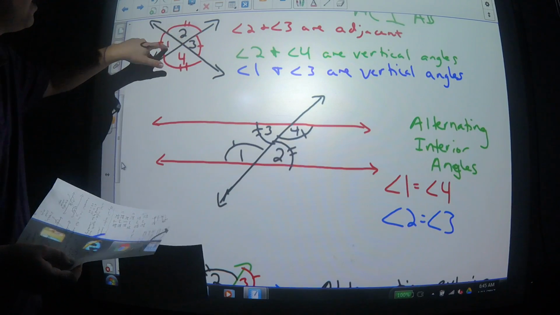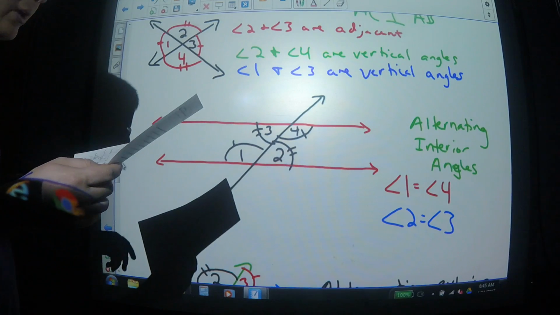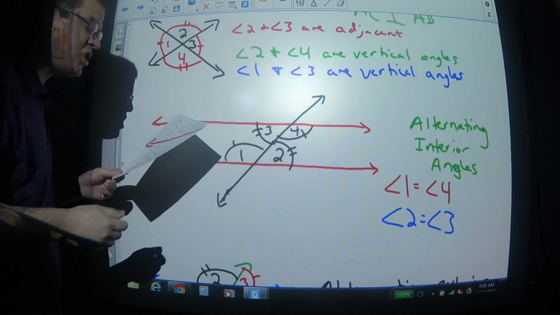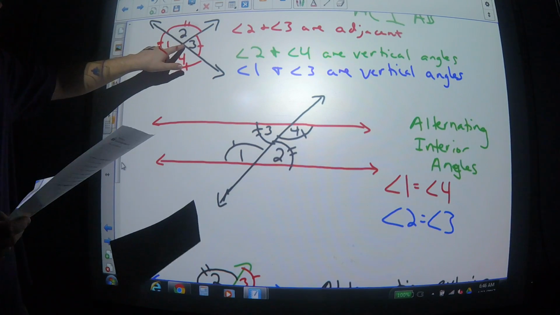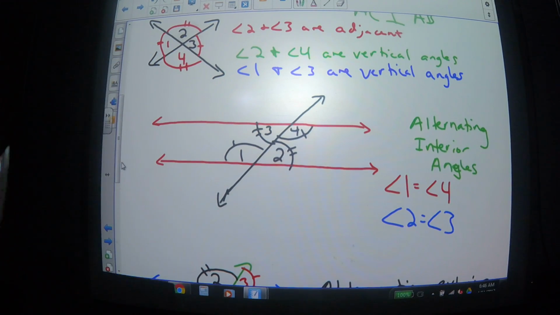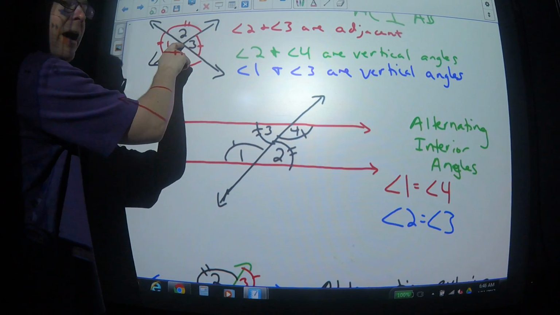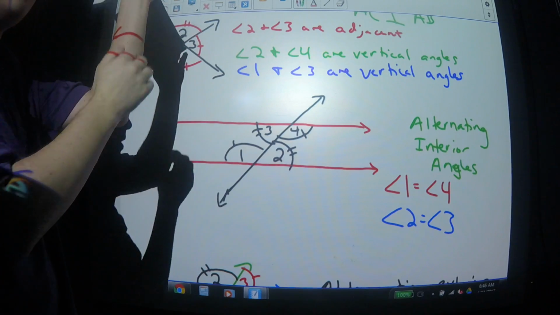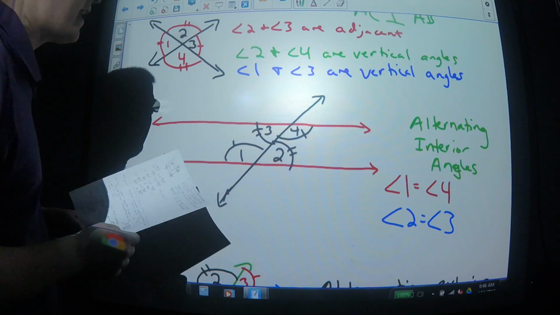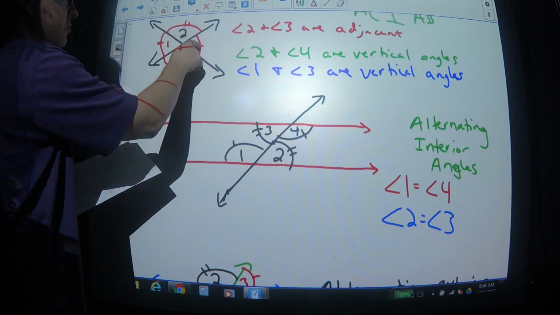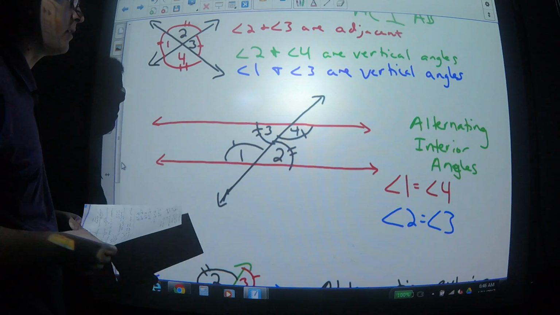Remember, the vertex is the point where two lines are connected, forming an angle. So 2 and 3 are adjacent angles. 1 and 4 are adjacent angles.